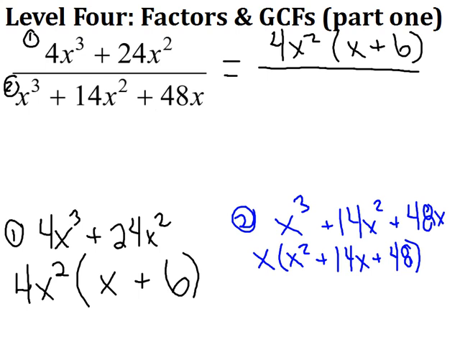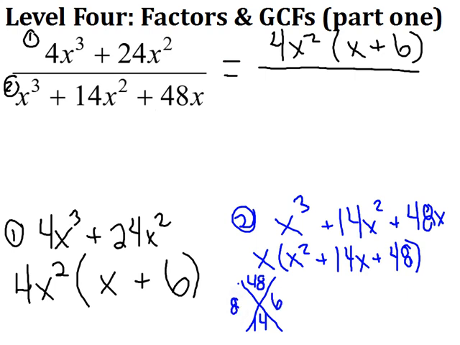And now I have a quadratic as one of my factors, and my immediate thought should always be factor, factor, factor. So we could do the x method. A times c, so 1 times 48 is 48 and 14. Two numbers that multiply to give me 48 and add to 14 would be 8 and 6.